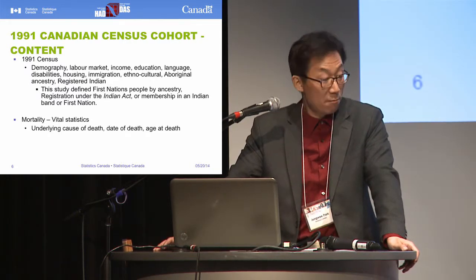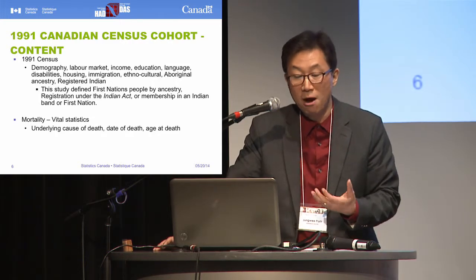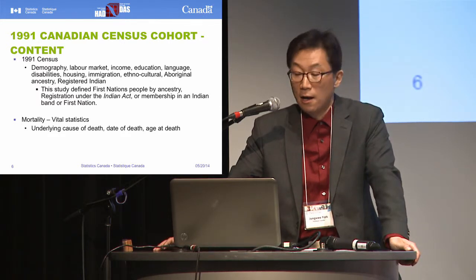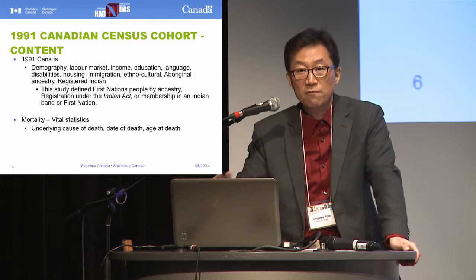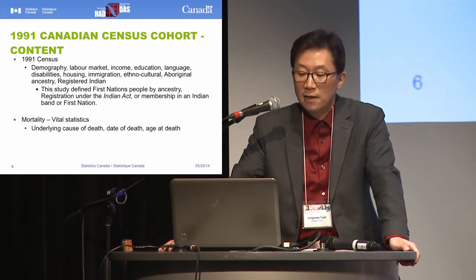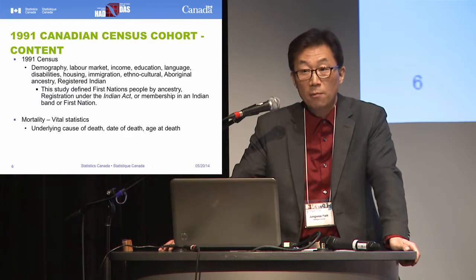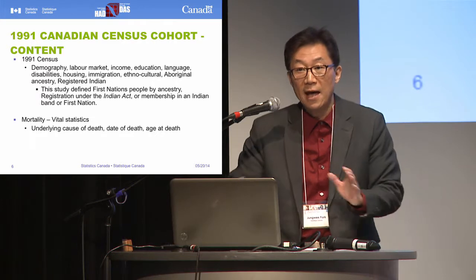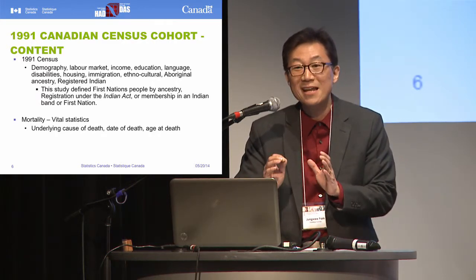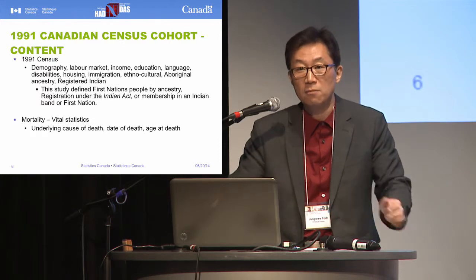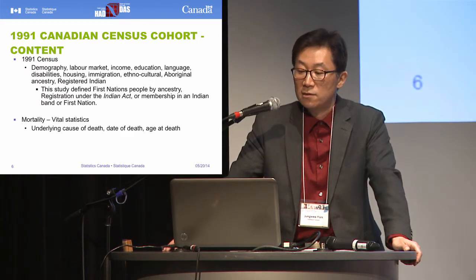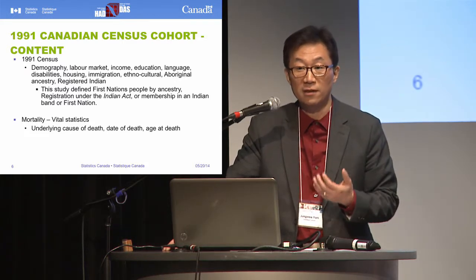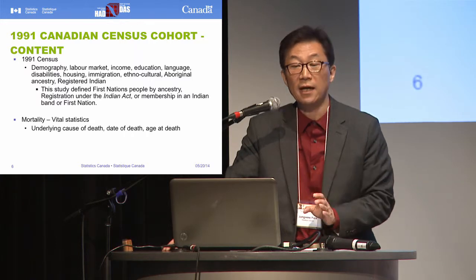It has many advantages because we have demographic information, labor market information, income, education, language, disabilities, housing, and immigration. But the unique thing about this 1991 Canadian Census Cohort is that the long-form information is linked to other important data sets: for example, vital statistics, mortality information, and the cancer registry.